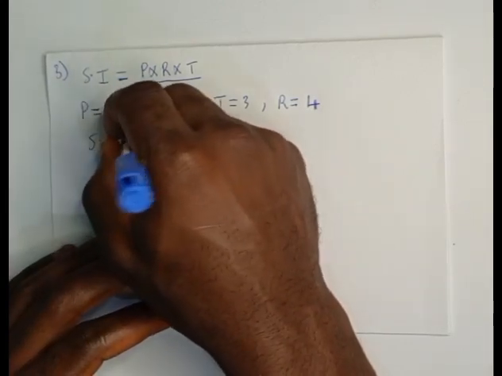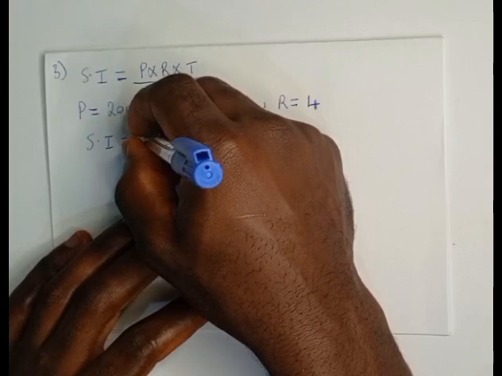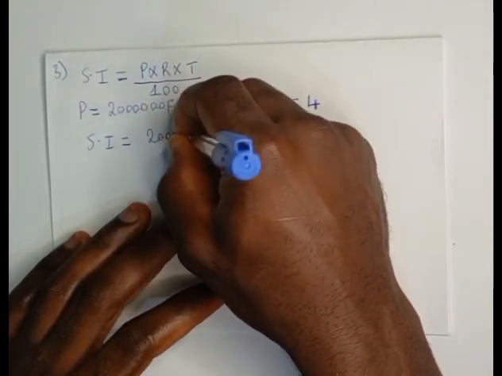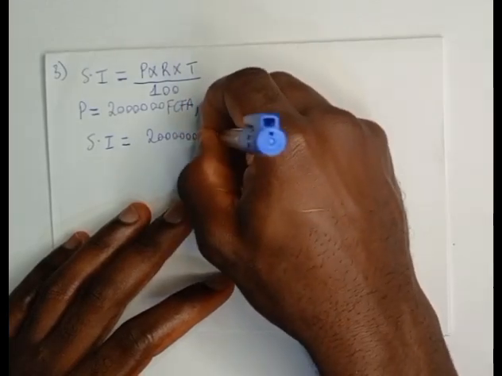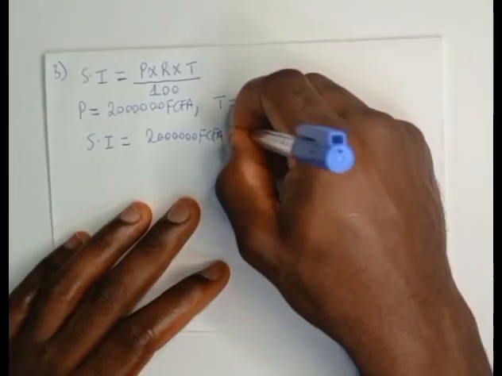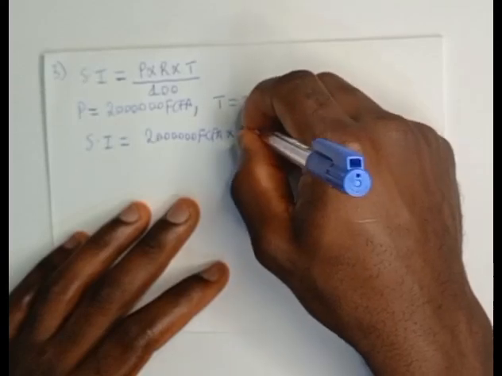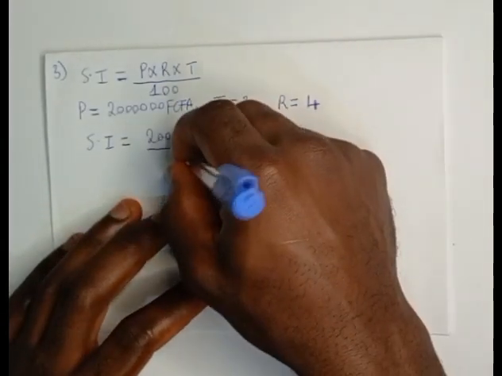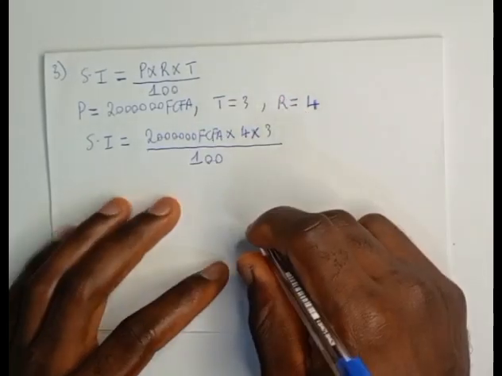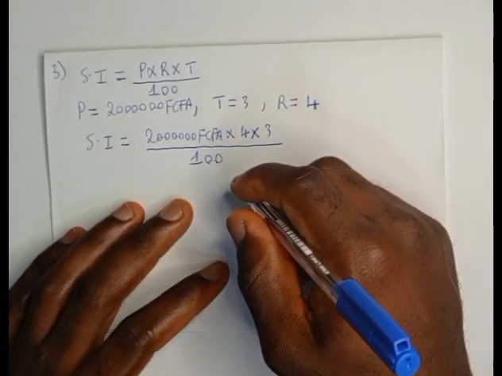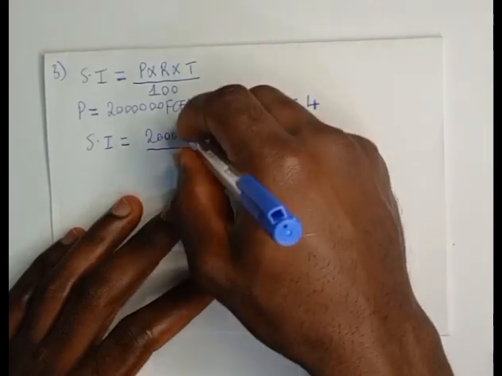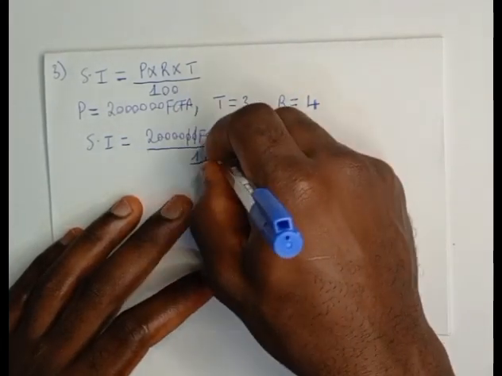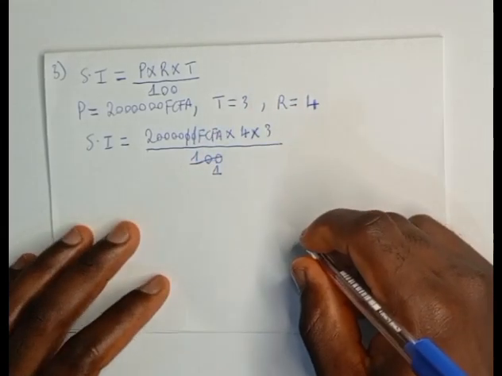We are going to insert them in this formula to calculate our simple interest. The simple interest will be equal to the principal, which is 2 million francs CFA, times the value of the rate, which is 4, times the value of the time, which is 3. Then we divide by 100. 100 will go into 2 million francs CFA, 20,000 francs CFA. 100 divided by 100 gives us 1 at the denominator.